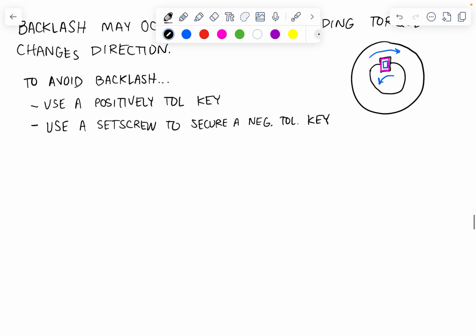Okay. As far as sizing a key, how do you determine how big you need to make your cross section, how long you need to make your key and your keyway and your key seat? So first of all, your key cross section is dictated by the shaft diameter.